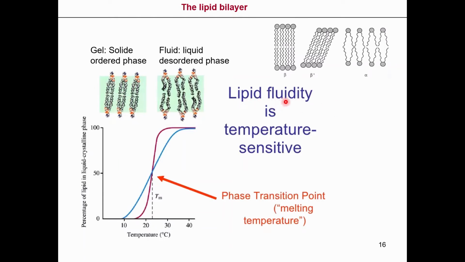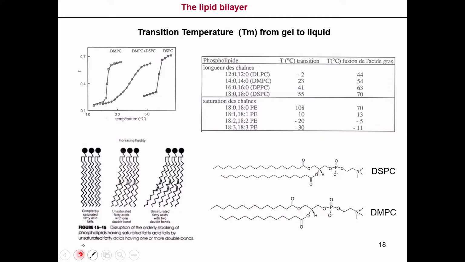So lipid fluidity is temperature sensitive, okay? We measure what we call a phase transition point. The phase transition point is the temperature at which 50% of the membrane is like a solid and 50% of the membrane is like a liquid.